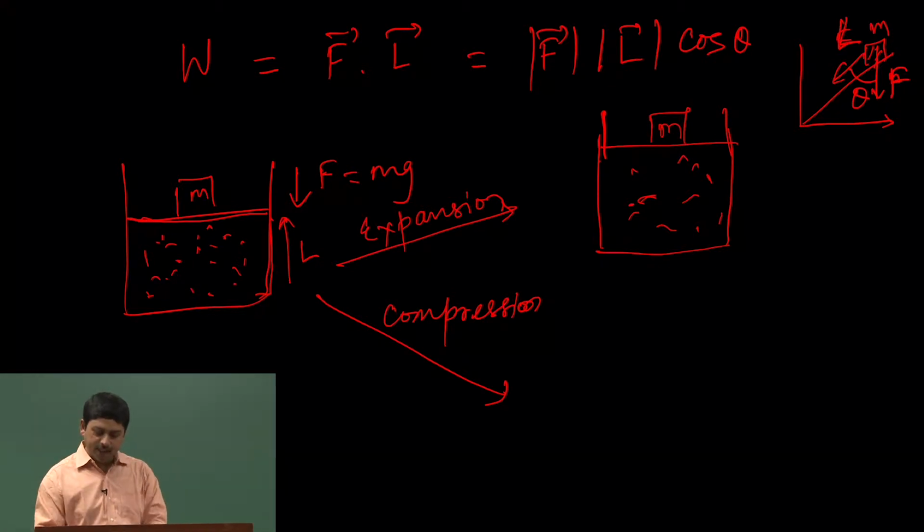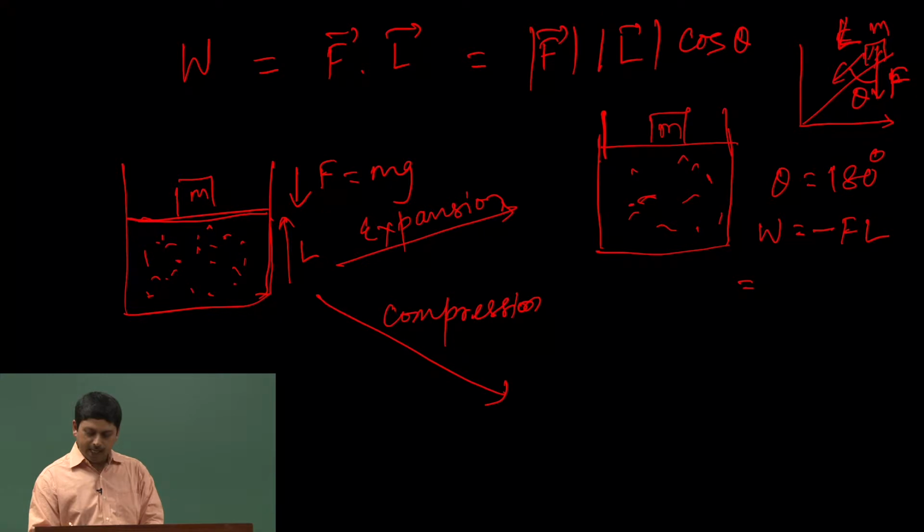What is the theta there when there is expansion? Theta is 180 degree, right. So, since theta is 180 degree, your work done will be minus F L, where I am just taking the modulus of F, without any vector sign.